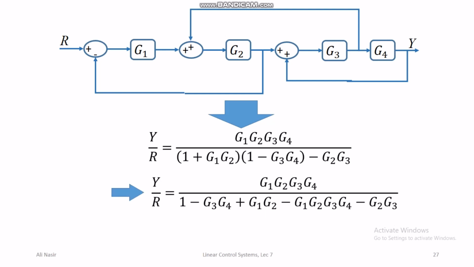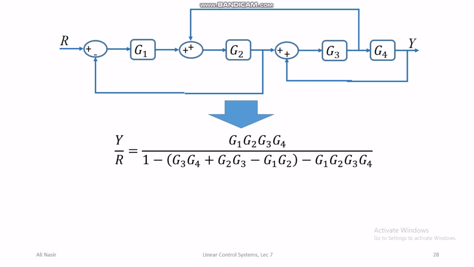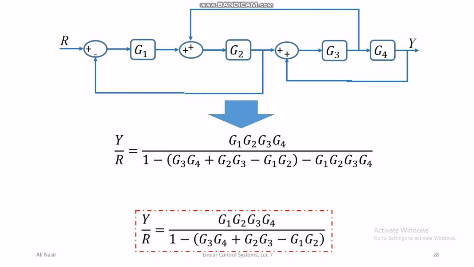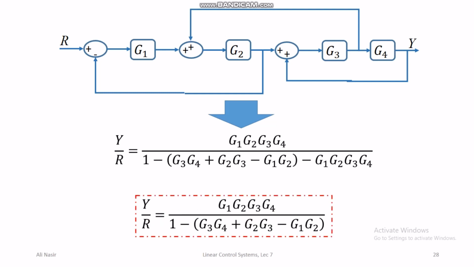Now this equation looks very similar to something like direct path over 1 minus sum of all loop gains, but let us check whether it's exactly that or not. So I've repeated the equation here in a more presentable way. I have put some terms inside the bracket for ease of understanding and presentation.